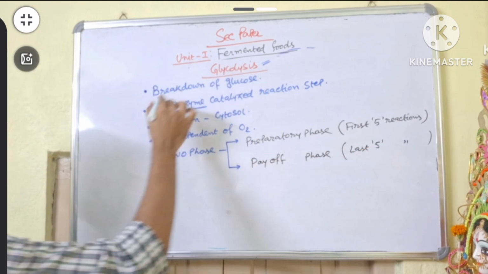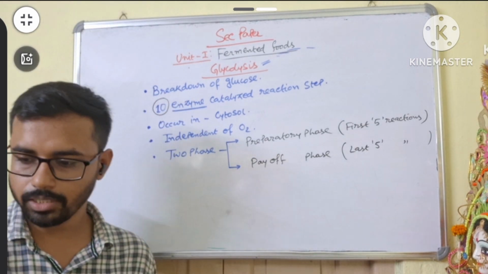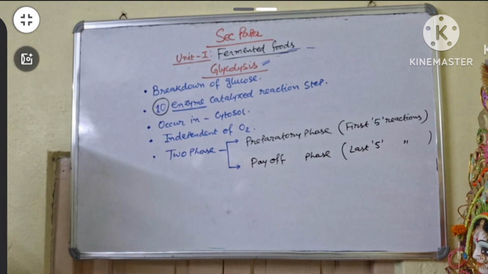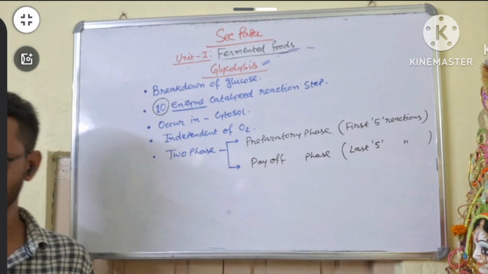So we divide the total 10 catalyzed reactions into half. The first 5 is called the preparatory phase, where enzymes catalyze the glucose molecule and prepare it for energy production.